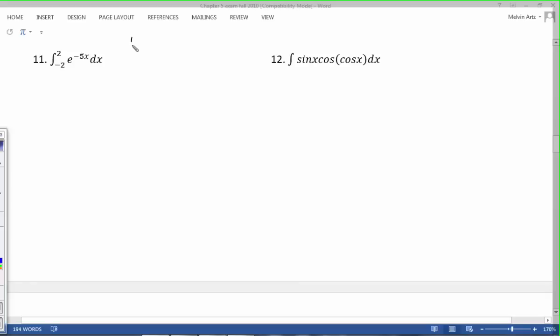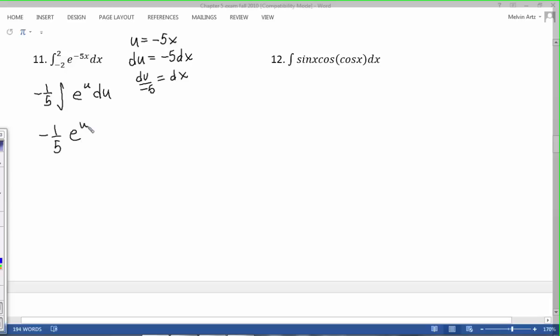Number 11 is another u substitution problem. We let u equal negative 5x, and du equals negative 5 dx. So making our replacements, we would have e to the u. Now to replace dx, we're going to divide du by negative 5. So I'm going to bring that negative 1/5 out front. So we have e to the u du. Now the antiderivative of e to the u is e to the u.